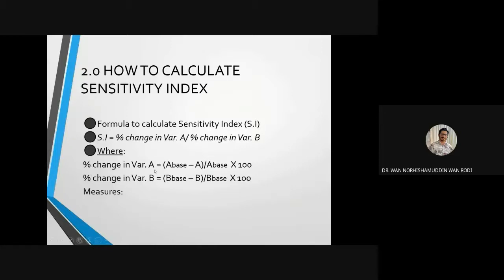Percentage change in variable A equals A base minus A, divided by A base, times 100. Similarly, percentage change in variable B equals B base minus B, divided by B base, times 100. And then you have to divide the percentage change in variable A by the percentage change in variable B.